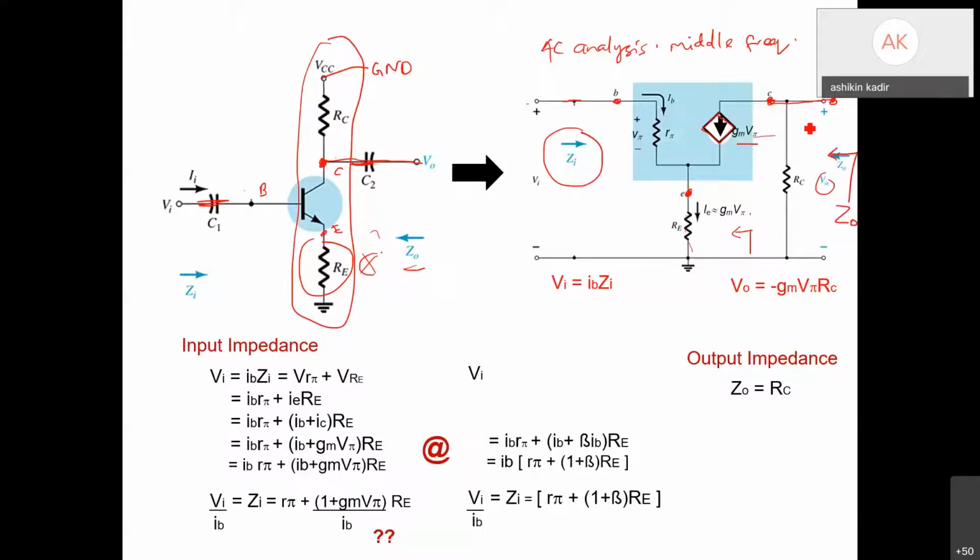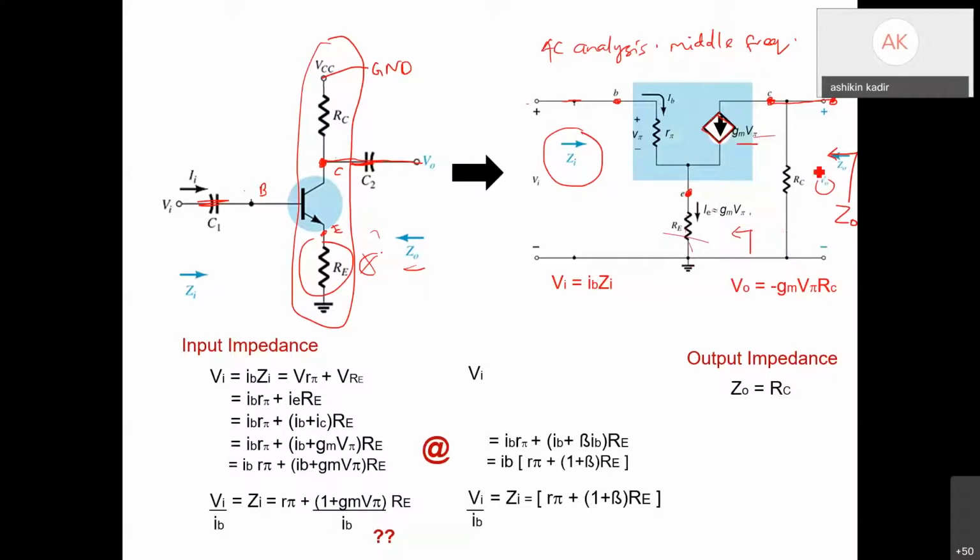In AC analysis, you need to determine the impedances and also the gain, AV, AVOC or AVS. Zout is easier because it only refers to RC.